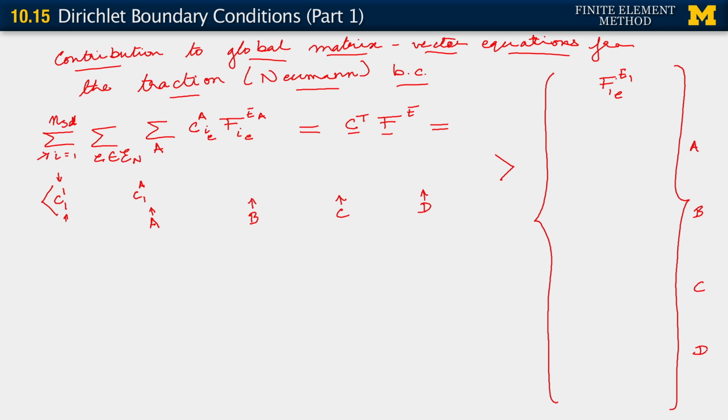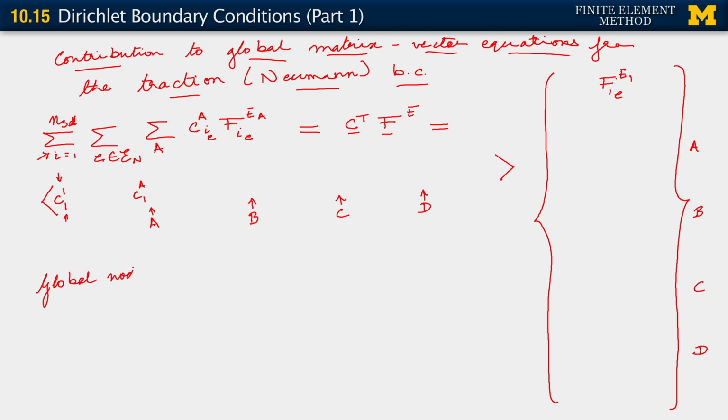Now the only way we would have a contribution from the A node is what? What we need to have is actually, we can talk of it in terms of the global nodes also.